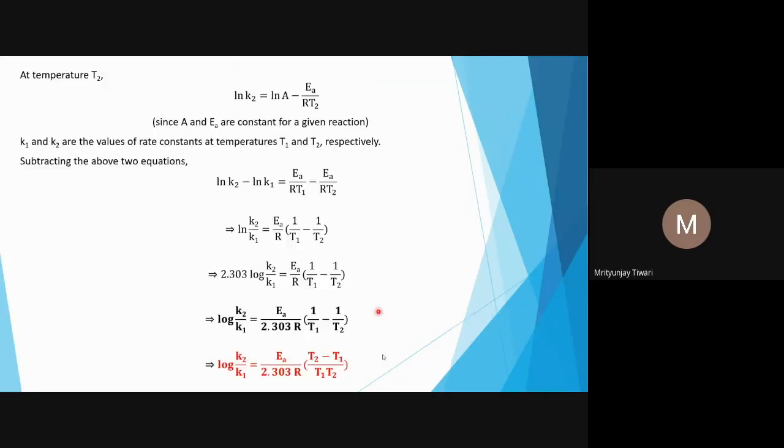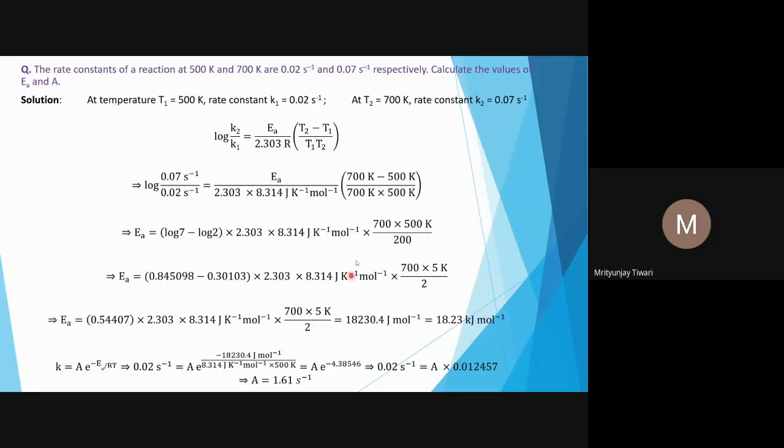So this equation will solve to this equation: log K2 by K1 is equal to EA by 2.303 R into T2 minus T1 by T1 into T2, or you can also follow this equation there. So we'll follow this one.